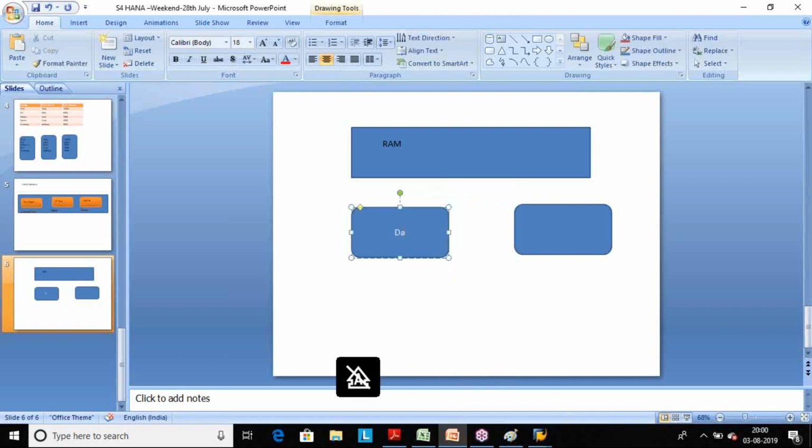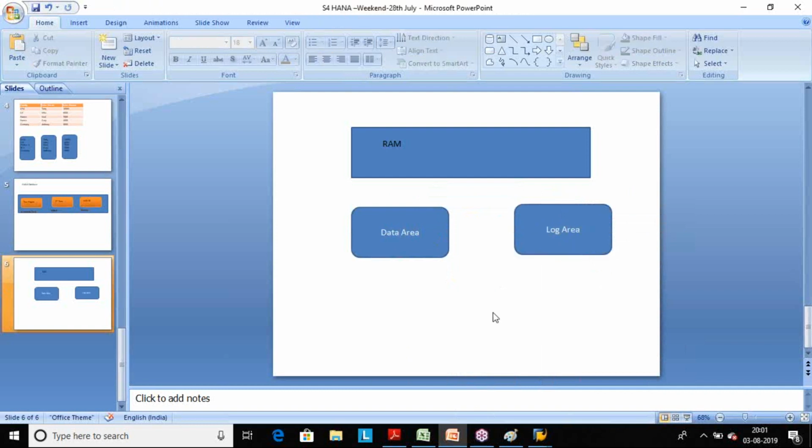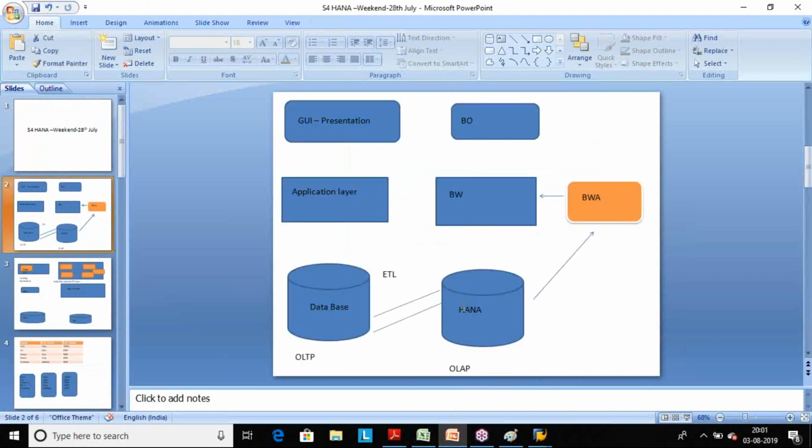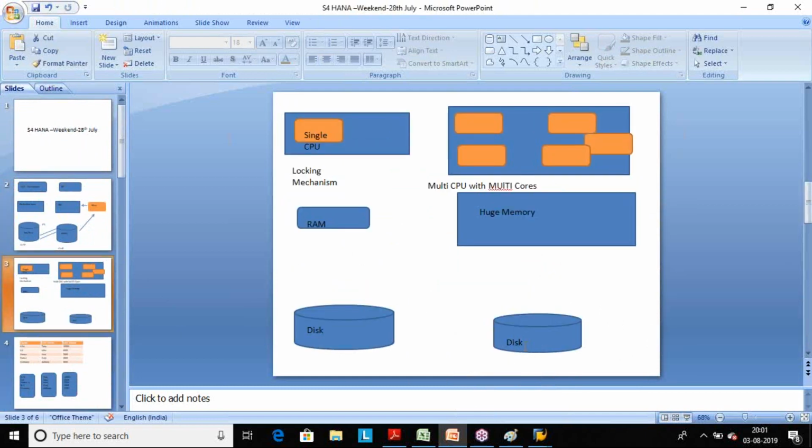So this one is your data portion, the data area, and this one is your logic, the log area. So we are going to take the data backup for this, and we are going to take the logic backup also. And where are we going to store it? As usual, in the disks. That is why in the beginning I told you, if you remember the first diagram I gave, the disk is still there.